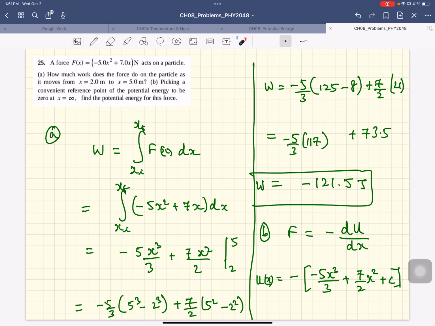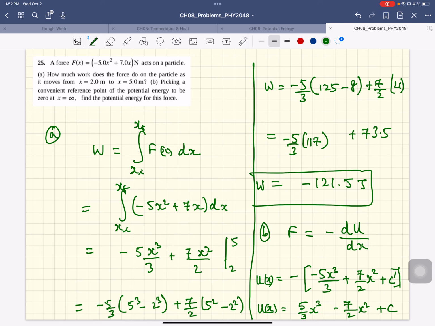Okay, negative dU/dx would be d/dx of this function, which is that. So U(x) is 5/3 x cubed minus 7/2 x squared minus c, but we'll call it a new c.